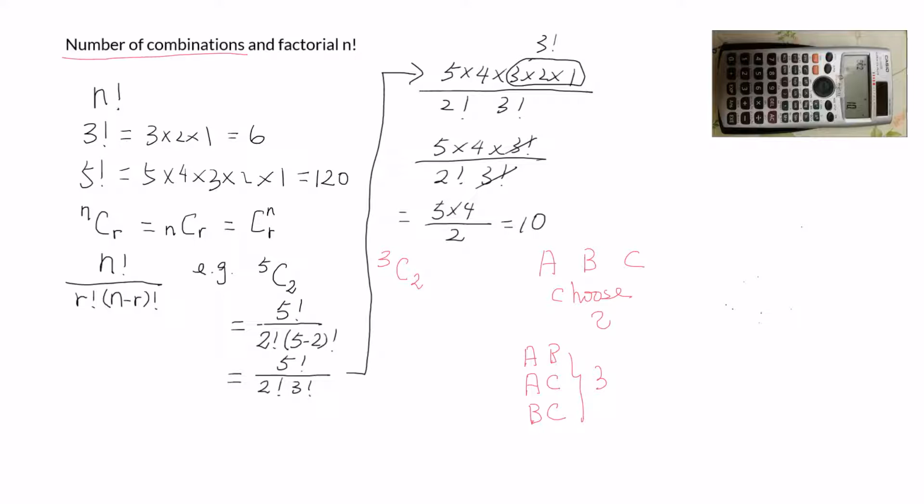Then there will be 3 combinations: A and B, A and C, or B and C. Now, if I calculate this one using the definition, it is 3 factorial divided by 2 factorial times (3 minus 2) factorial, which is 3 factorial over 2 factorial times 1 factorial. 3 factorial can be written as 3 times 2 factorial, and 1 factorial is 1, so we cancel and get 3.